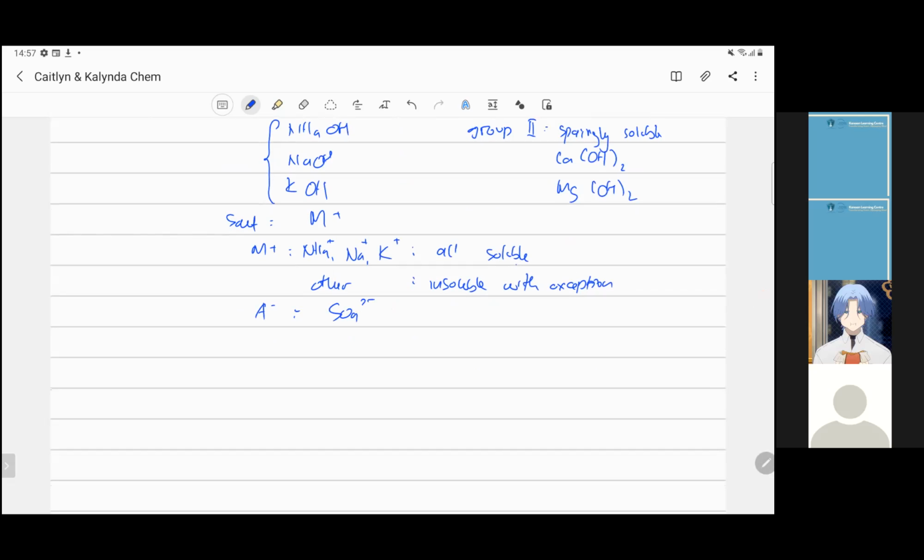Now, this sulfate here is mostly soluble, with exceptions. What are the exceptions here? The exception is if we have barium, calcium, and lead.